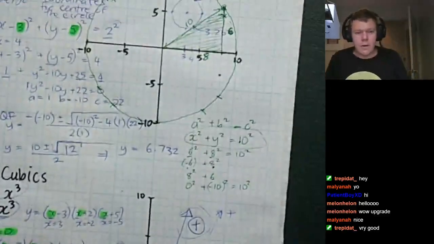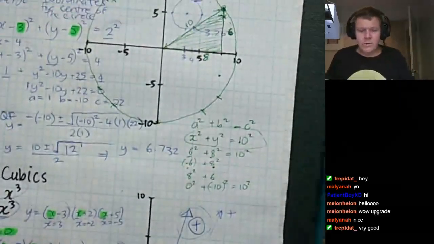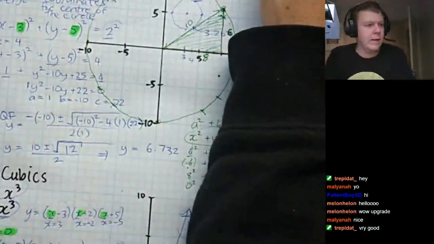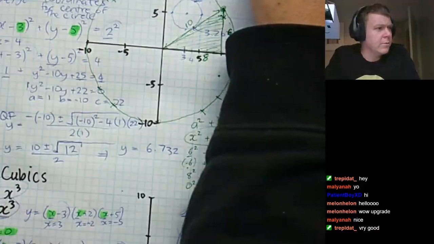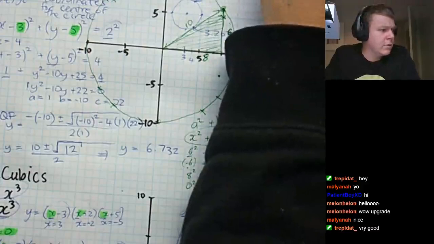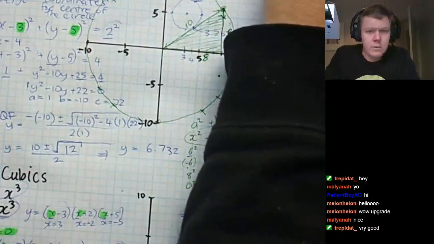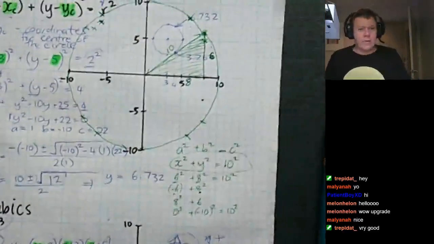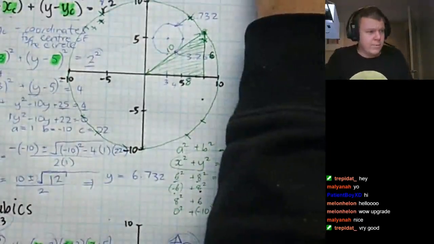But yeah, what I'll do now, I want to just show you these graphs on Desmos. So I'm going to just have a play around with Desmos for you guys.